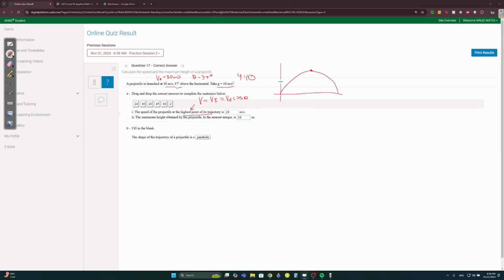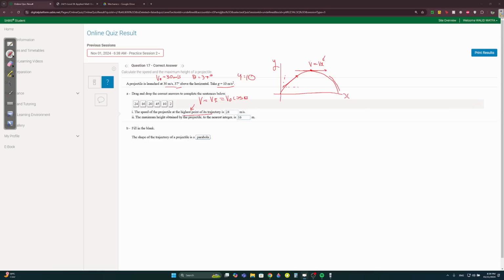what's the speed? This is the projectile. The derivative of it, this is position, right? Y, x. What's the derivative of position? Velocity. So it would be the tangent. The derivative is always the tangent. The tangent in this case is horizontal at the highest point. That's why the velocity in this case is only the x component. But in other places, like the tangent here, it would be going a bit to the right and a bit up.